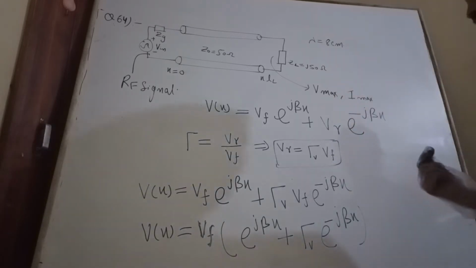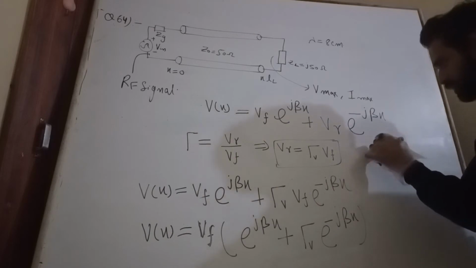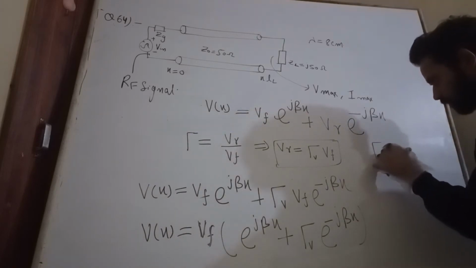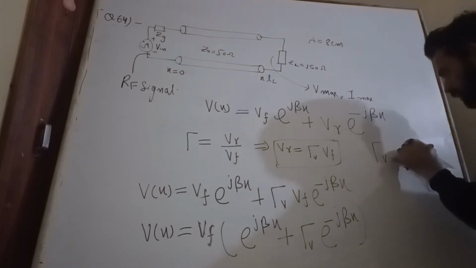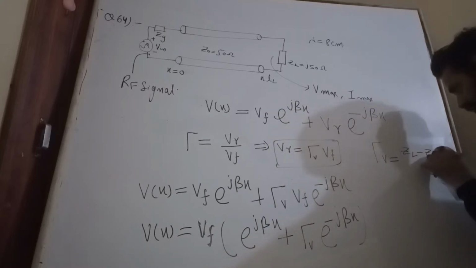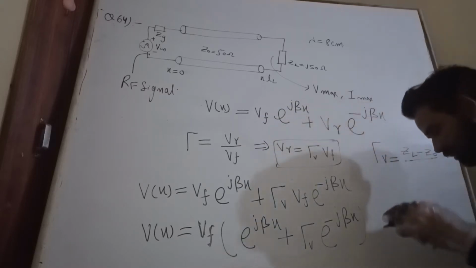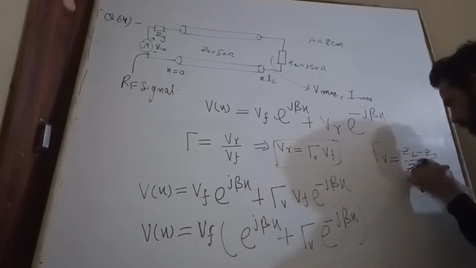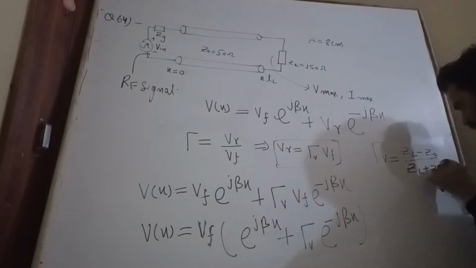Reflection coefficient tau is equal to load impedance minus characteristic impedance divided by load impedance plus characteristic impedance.